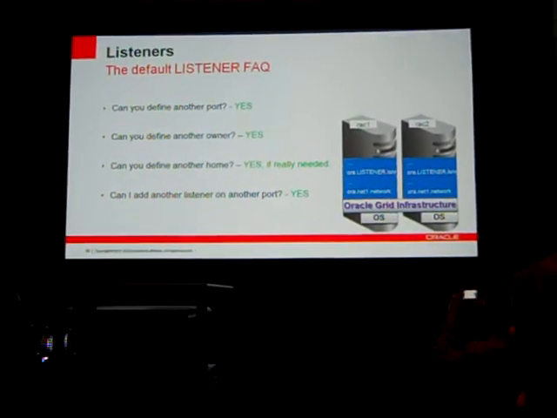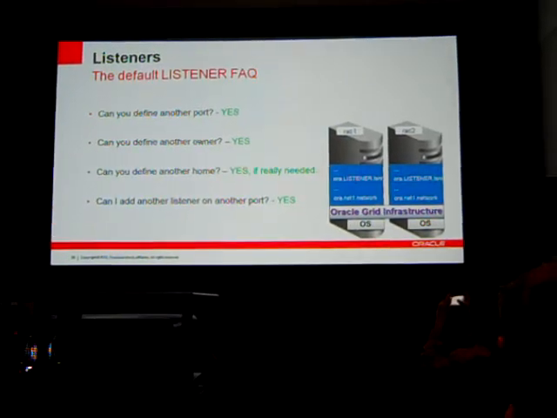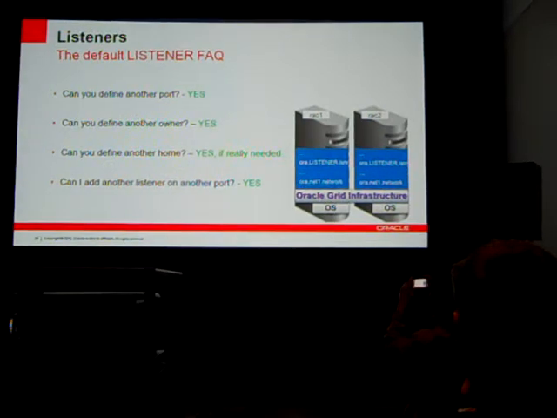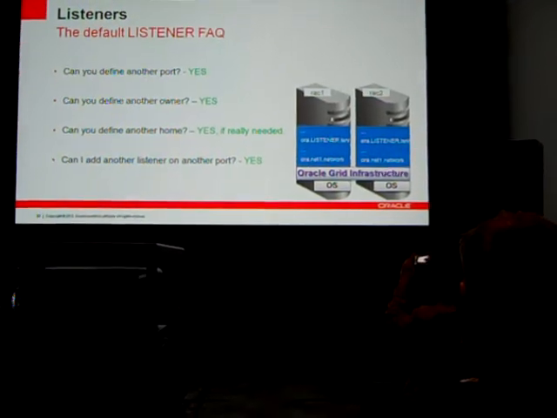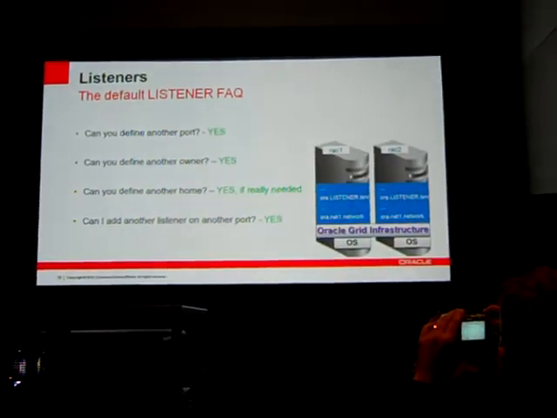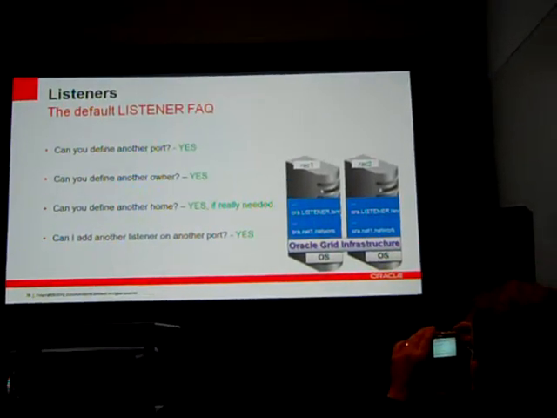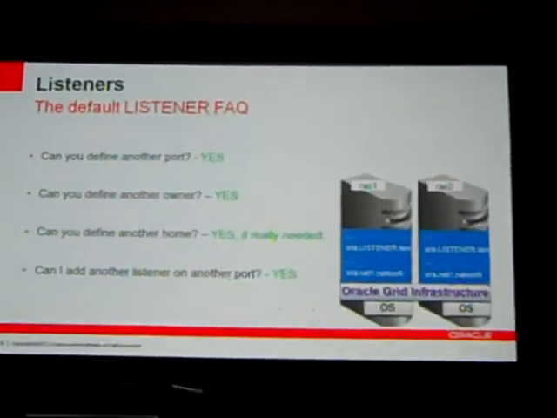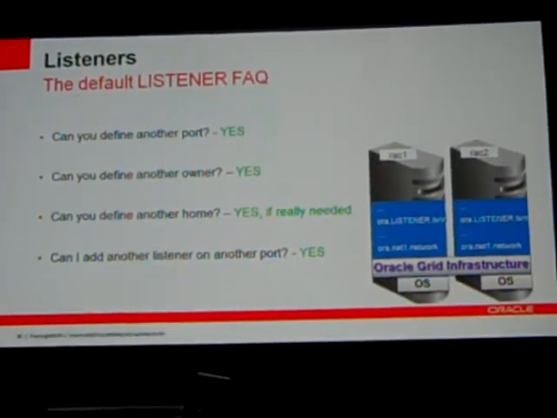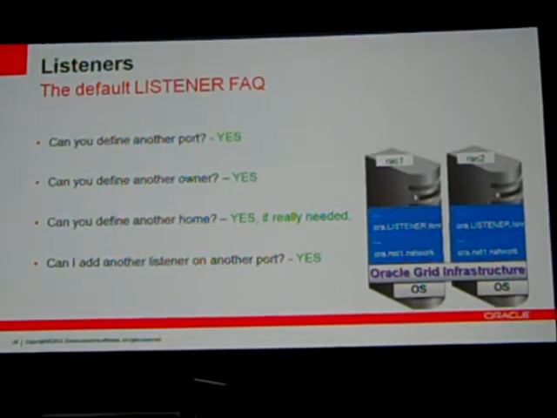Because it's very simple. The listener we create with grid infrastructure is still a listener. So anything that you can do with a listener, you can do with the one that we create during grid infrastructure installation. Such as, you can define another port. Sure, by default we will create it using 1521, but if you wanted to be listening on 1525 or 34 or something else, that's fine.